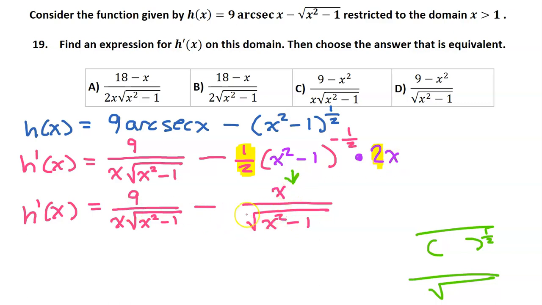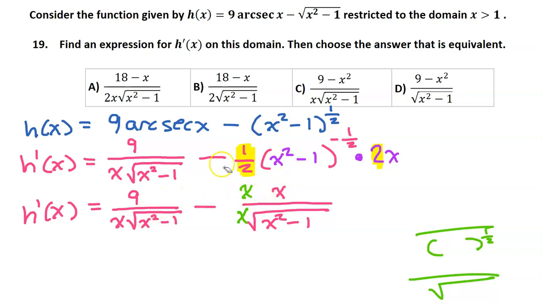So in order to combine these into a single fraction, like we see among the answer choices, I need like denominators. So they're almost the same, except for the first denominator has this x. So if I were to multiply by x over x, then I would have like denominators. So that will give me x squared.